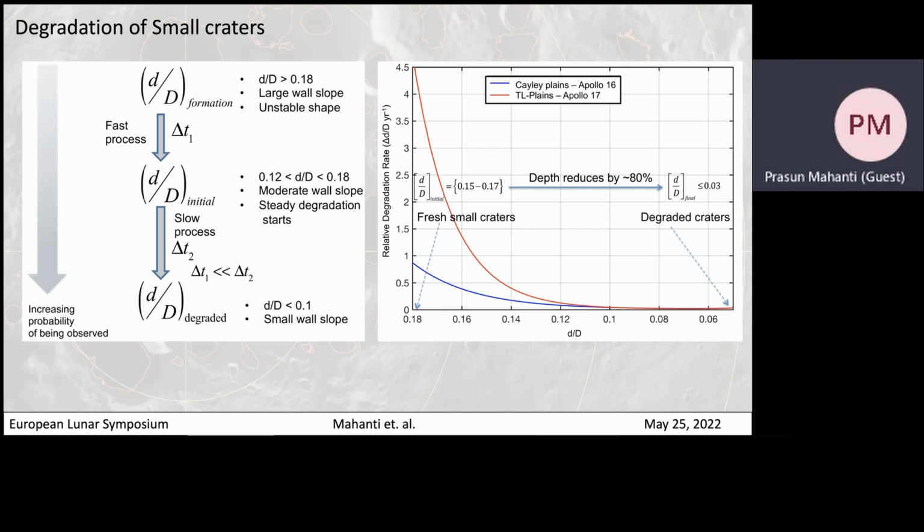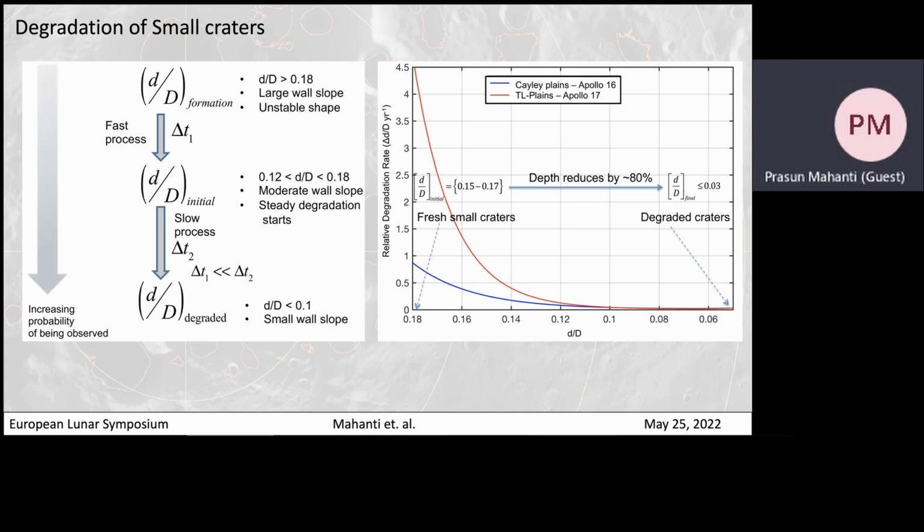The walls are unstable, so there is a fast process which goes to this zone where the depth to diameter of that crater is around 0.12 to 0.18, after which this really slow, nearly diffusive process starts, leading to the ultimate degradation of the crater. And this ultimate degradation of the crater is a really long process. Like, the initial process is fast.